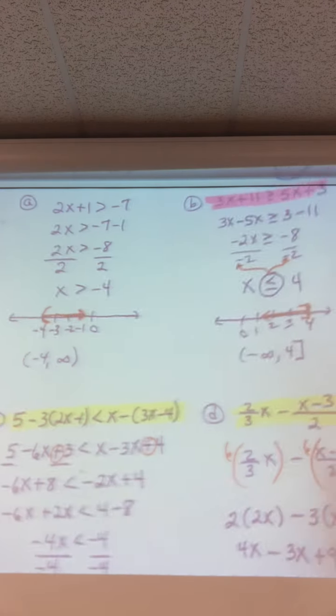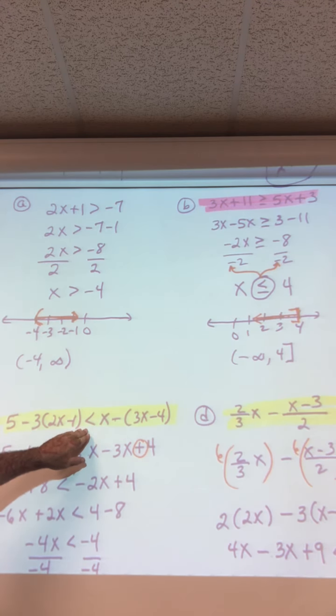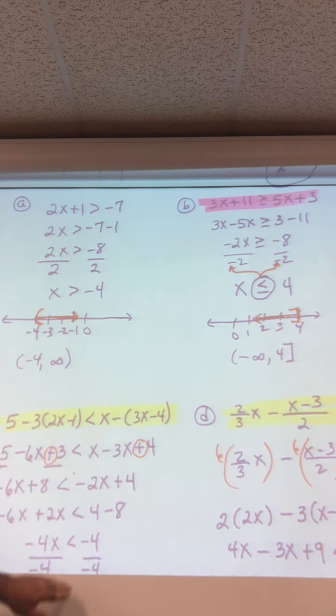All right, now the big part of this section is this. Remember, I'm putting this problem back up that I put in the last video. How do we take this problem right here and get down to here?